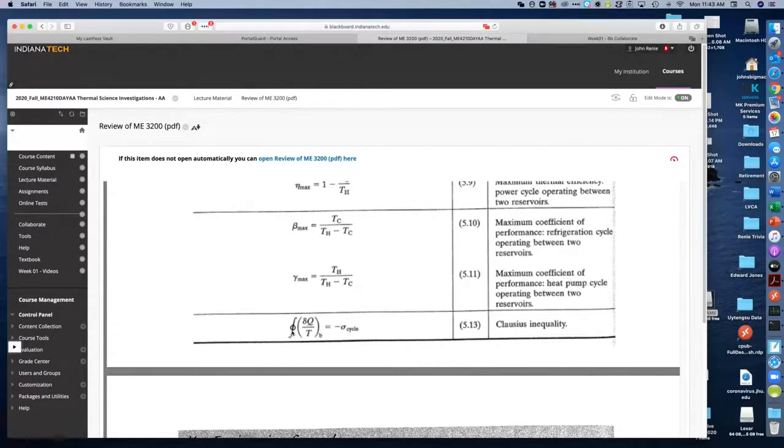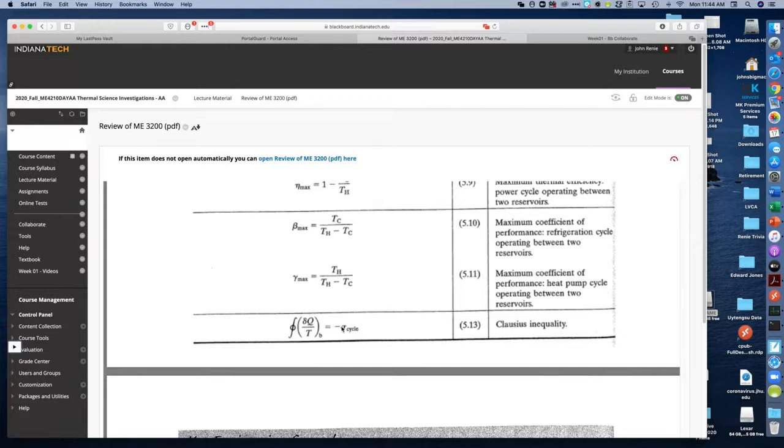If one were to look at all of the heat transfers going into or coming out of a cycle, and those heat transfers occur at temperatures at the boundary of that particular process, and one performs the cyclic integral of the heat leaving at a given temperature at a point on the boundary of the system and integrates that over the entire cycle, one then arrives at a number that is a negative value.